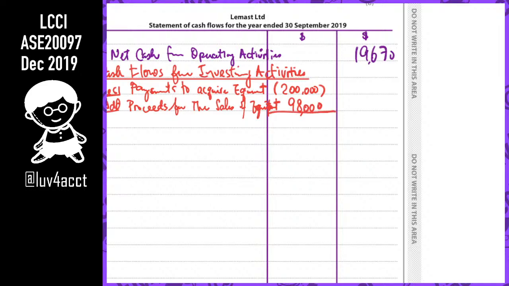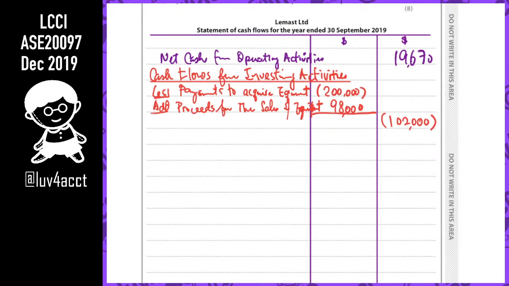So we have 102,000 negative. So it would be net cash used in investing activities.